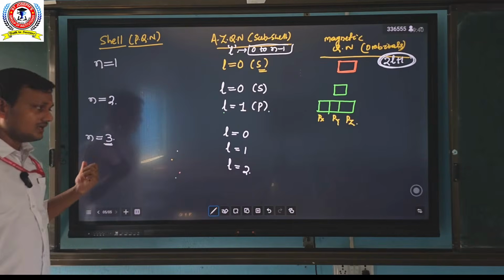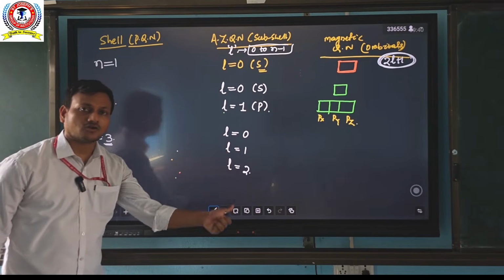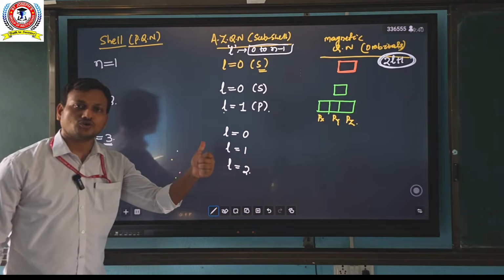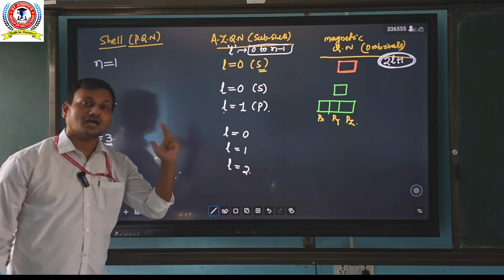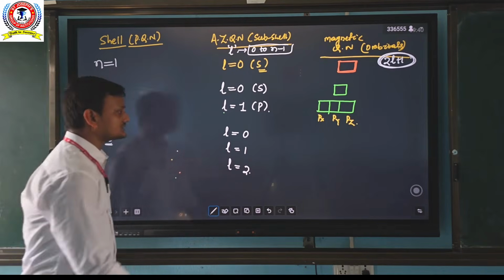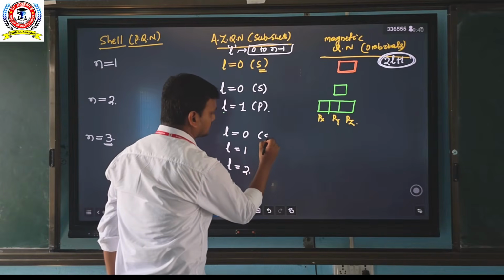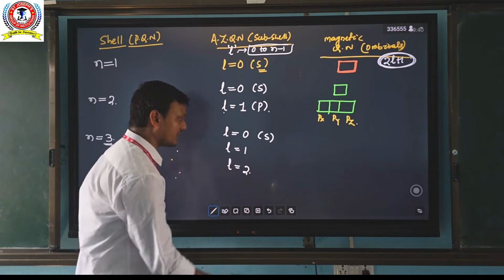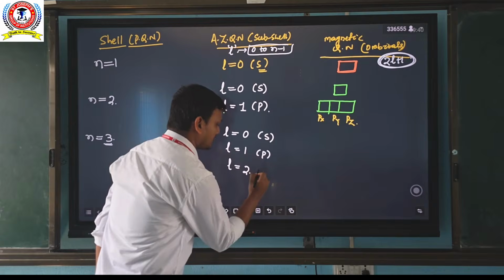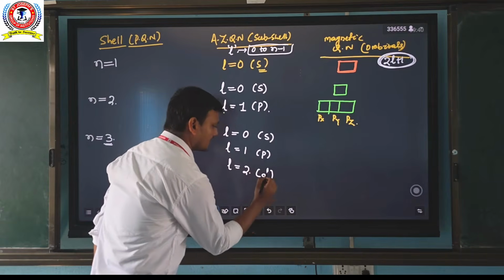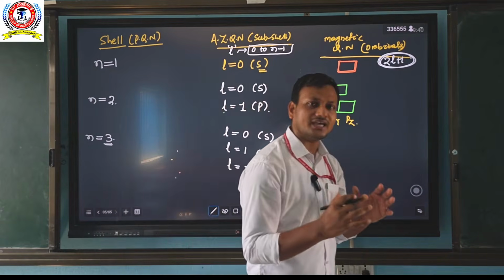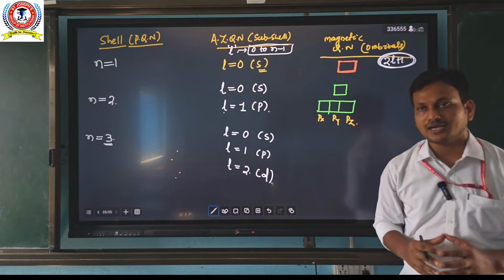That means l equal to 0 is the s, then this is your p, and this is your d subshell.